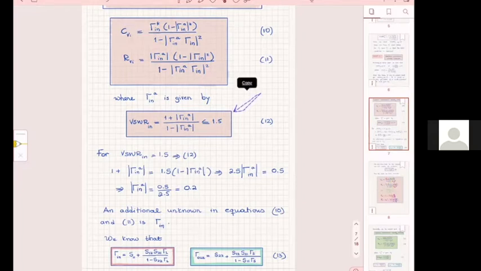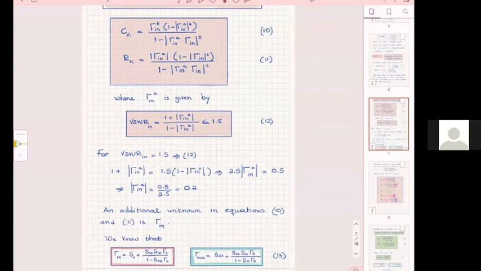And because I want to be less than 1.5, or at worst 1.5, this circle is going to limit the area from where I can select a gamma S. Only one circle I need, and it is defined by the maximum VSWR.